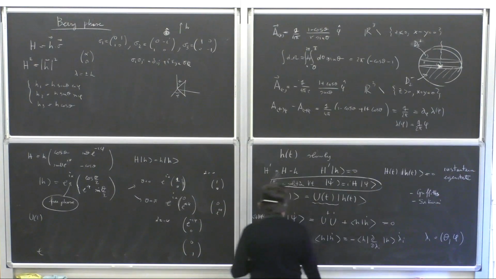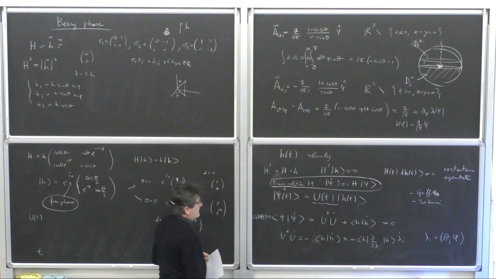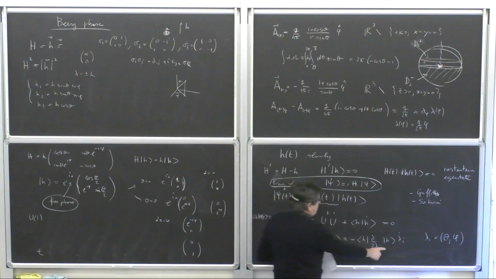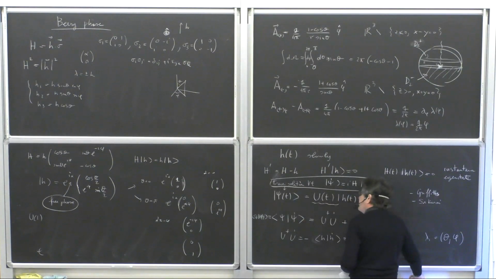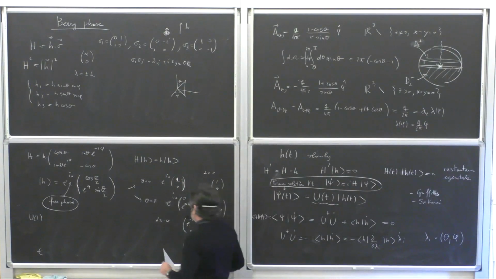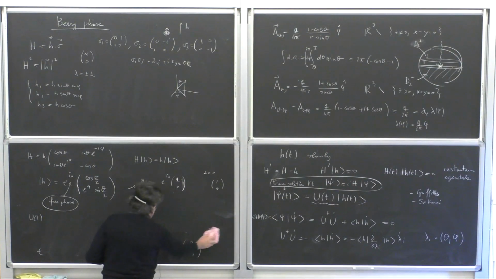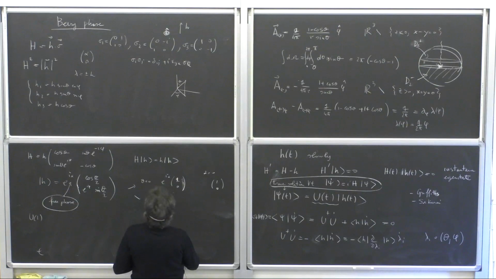Okay? It's a parametric variation in time with these velocities, this phase, okay? And I can represent this phase as a gauge with a gauge connection.